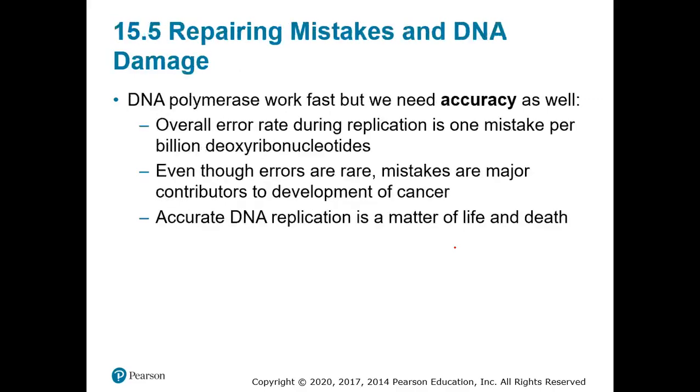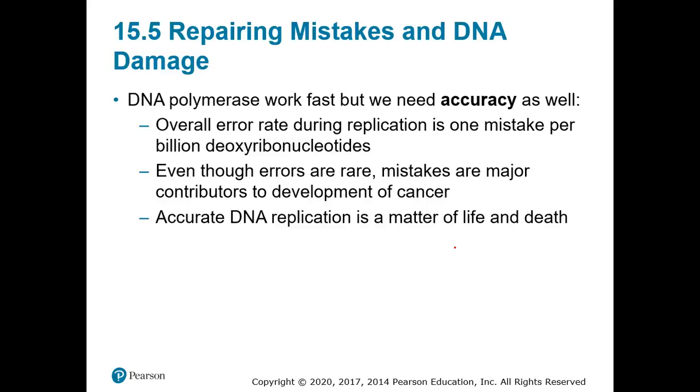Very dramatic. So the last thing that we want to talk about with DNA synthesis is mistakes. What happens if something goes wrong? We're going to start off talking about DNA polymerase, because DNA polymerase, the enzyme that's going in and adding in the bases, not only is it fast, but it's pretty accurate. And it needs to be accurate, because if we make a mistake, these mistakes can be disastrous.